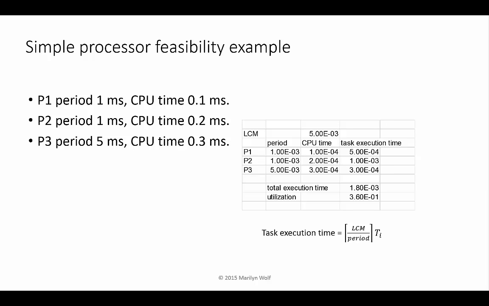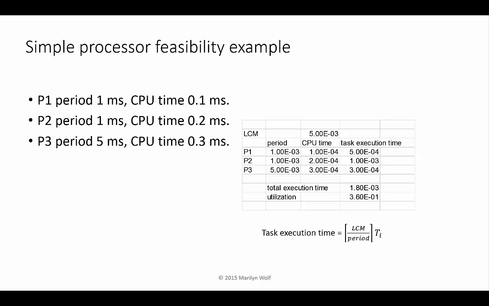So in the case of P1, its period is 1 millisecond. The least common multiple is 5 milliseconds. So that process will execute 5 times in the hyperperiod. So the total CPU time we need to consider is 5 times the execution time of one job, which is 0.1 milliseconds.